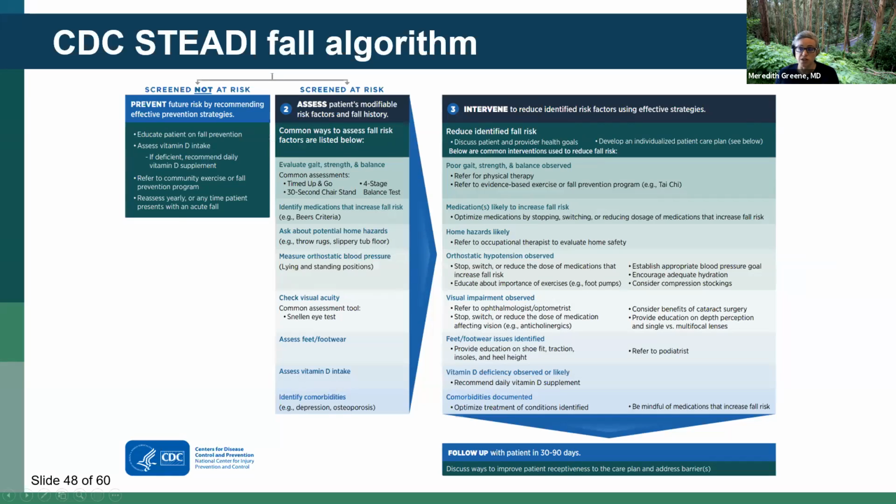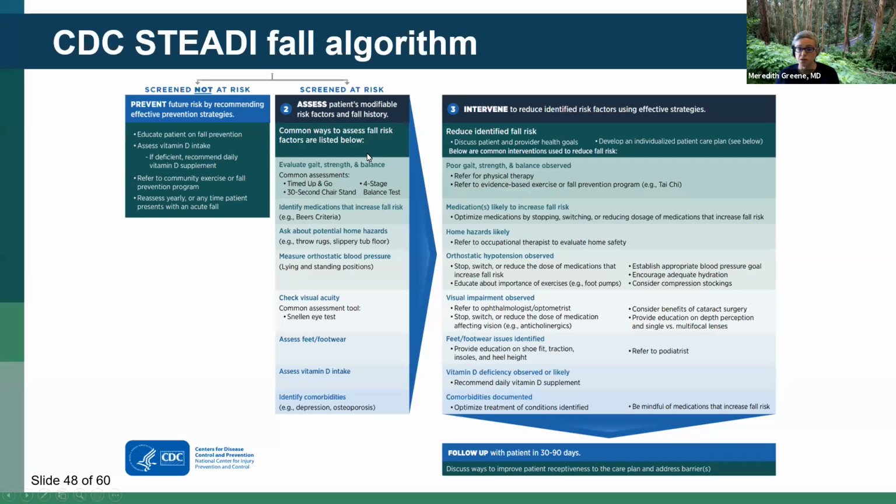If you answer yes to one of those 3 questions, and this comes to our post-test number 2, so if you answer yes to feeling worried about falls, feeling unsteady, or having a fall, you should automatically go to a full fall assessment. Talking about fall prevention is important for anyone, but if someone answers yes to one of those questions, you really need to dig in a little bit more. And again, this is all on the website.